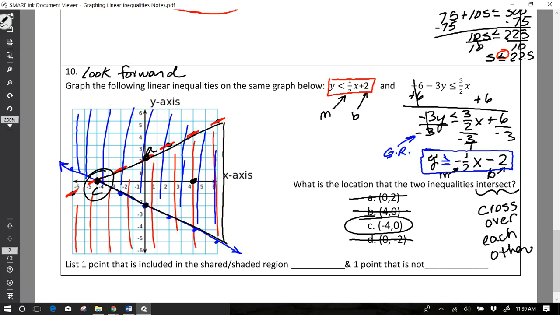And so the one point that I see that was included in here is B. So B is included. And then finally, one point that is not included would be A. A is not included because it is on the dotted line. Oh, I'm sorry, I should have put the ordered pairs, not the letters. So 4, comma 0 and 0, comma 2.